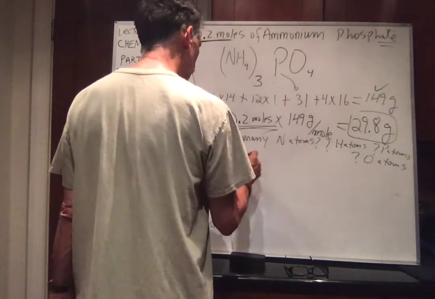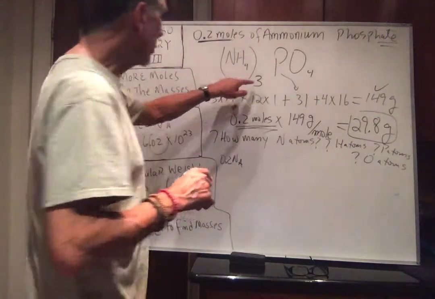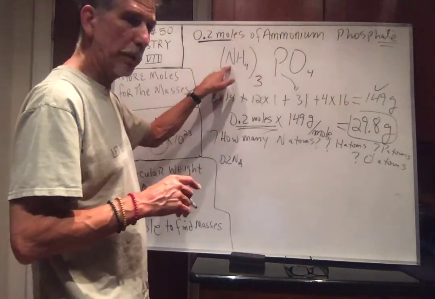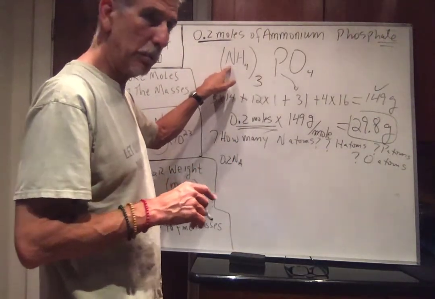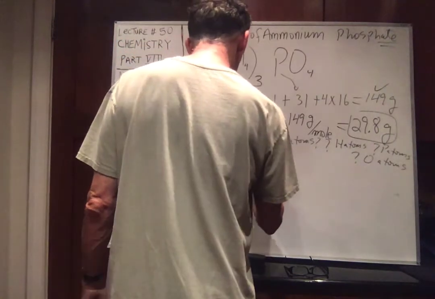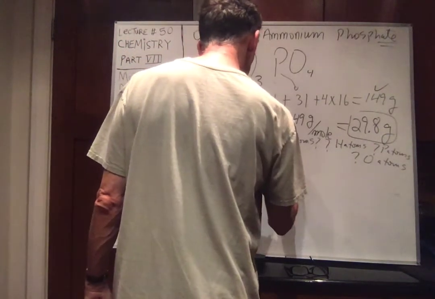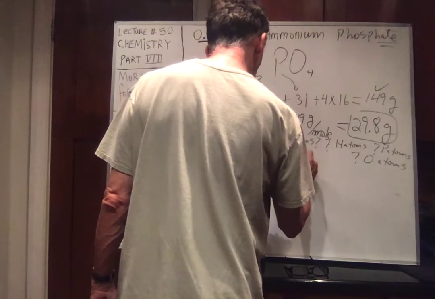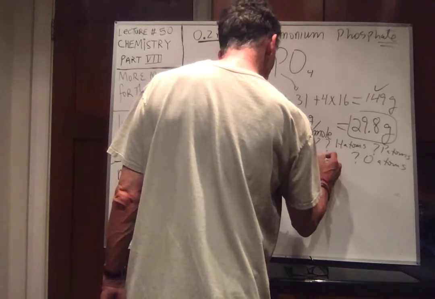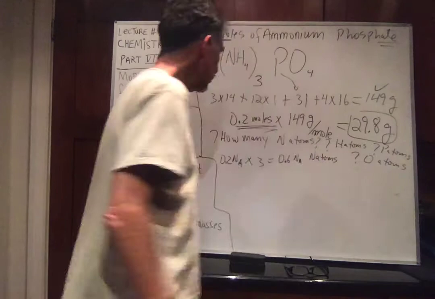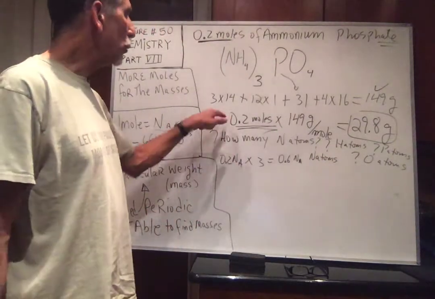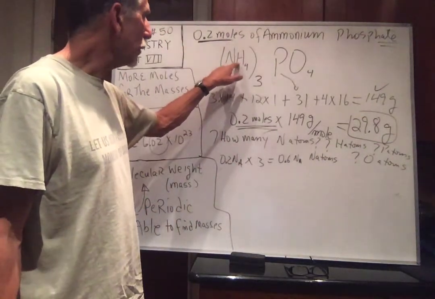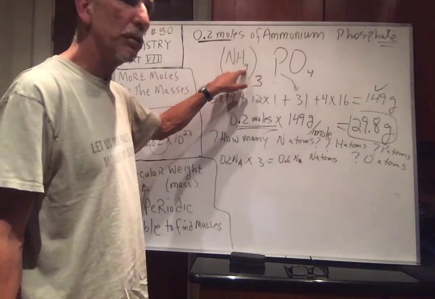So if we do nitrogen, there are 3 nitrogen atoms in each molecule, so I have to multiply this by 3. So I get 0.6 Na N atoms. Now let's do hydrogen. Look, we have 4 hydrogens in ammonium. 3 times 4 is 12.